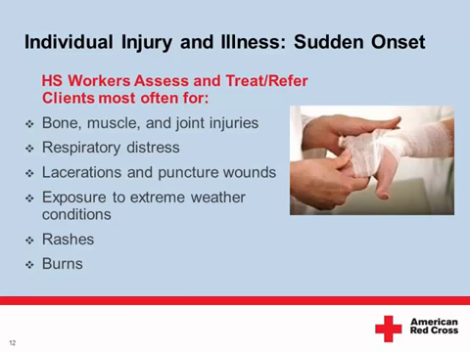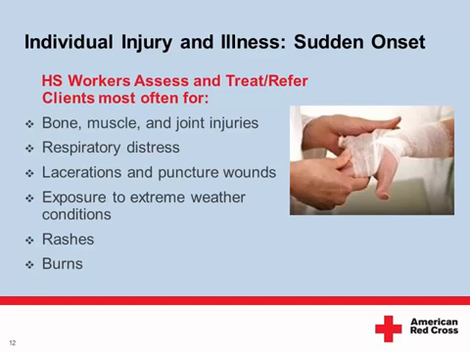Often there'll be stress-induced asthma or reactive airway disease, in particular from smoke exposure during wildfires. We often see lacerations and puncture wounds from cleaning up after tornadoes, moving debris, after floods, that sort of thing. You might see exposure because of extreme weather conditions. Many times people evacuate into extremes of heat or rain or blizzard or ice storms.